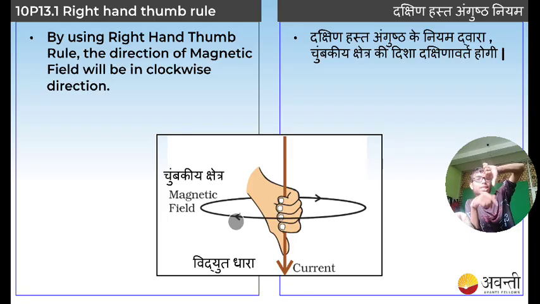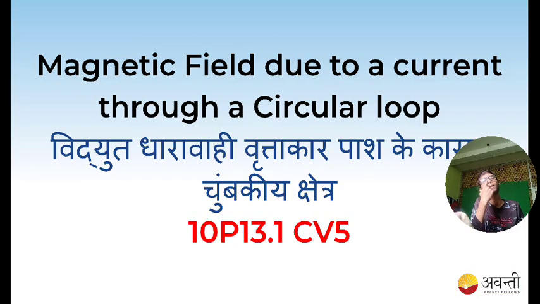If the current direction is downward, then the magnetic field direction will be like that, if we are holding a wire which is conducting electricity. In that case this thumb is telling you the direction of the current, and these fingers show the direction of the magnetic field. Okay, clear? I hope you are clear. Magnetic field due to a current through a circular loop.